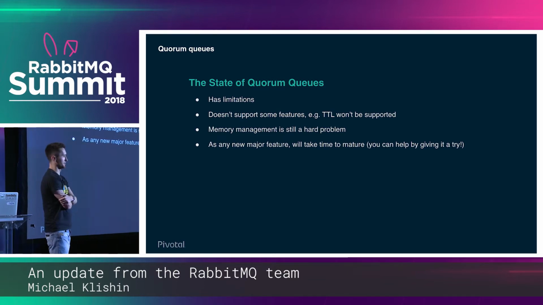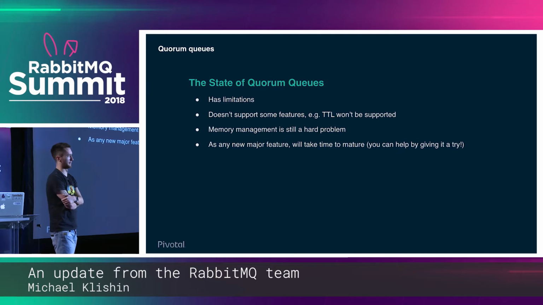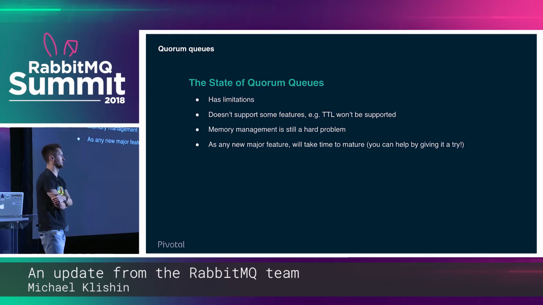Memory management is not getting any easier with Raft. In fact, with Raft, it's harder because it's so I/O-oriented. So it remains an area where we might want to tweak things once or twice before 3.8. So far, it has been quite good because our best case scenario was reaching parity with mirrored queues. We already surpassed that.